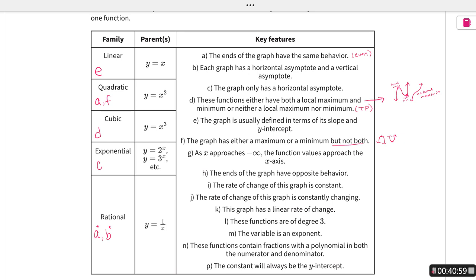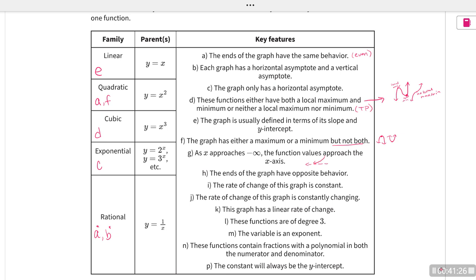Now, some rational functions can have quadratic natures, actually. Because rational functions can look a lot of different ways, but that's too strong of a statement to add to rational. So let's go to G. As x approaches negative infinity, the function values approach the x-axis. So as we're going to the left, our graph is approaching the x-axis.